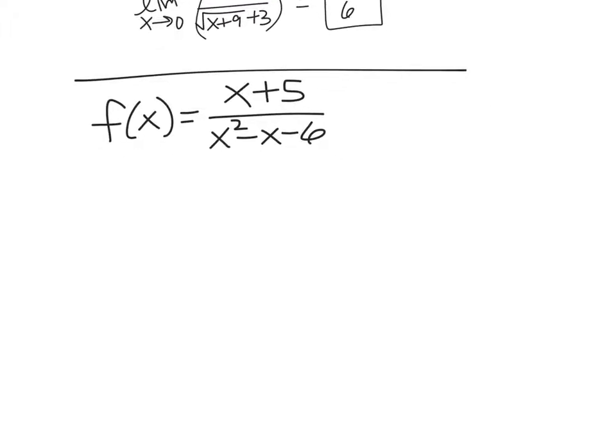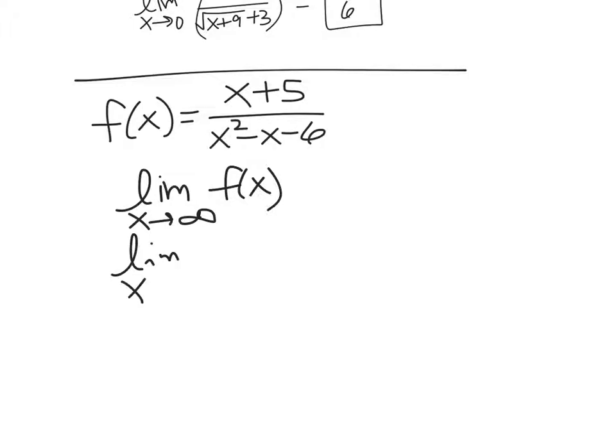Okay? And then I'm going to ask you some things. We're going to find the limit as x goes to infinity of this function. We're going to find the limit as x goes to negative infinity of the function. And then we'll stop right there, and then we'll do some other ones too. There's going to be a whole bunch of them for this.